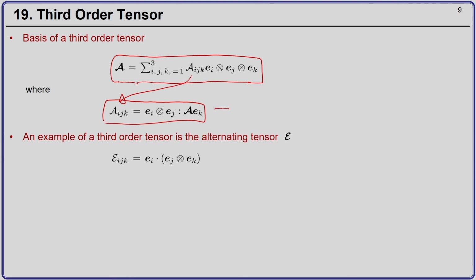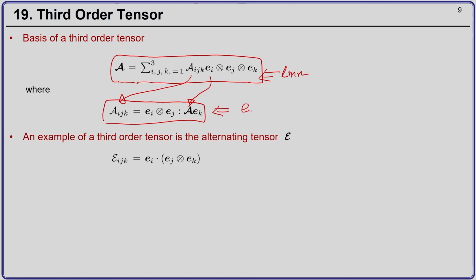Just notice that i, j, k in this expression are free indices. So, all you need to do is substitute this expression of A here, and then instead of using i, j, k in this expression, just use some other symbols, say l, m and n. Okay.